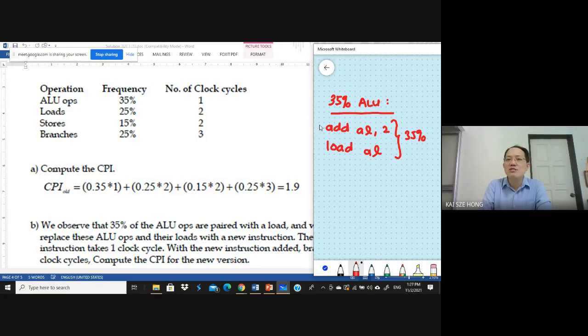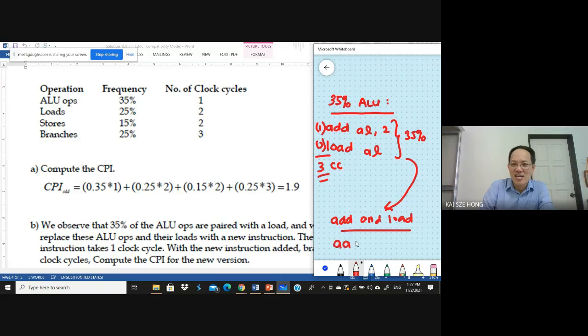They don't want this one because you see clock cycle 1, clock cycle 2, in total we have 3 clock cycles. So we don't want 3 clock cycles here. So the computer designer wants to use another instruction called add and load. They create an AAL instruction.